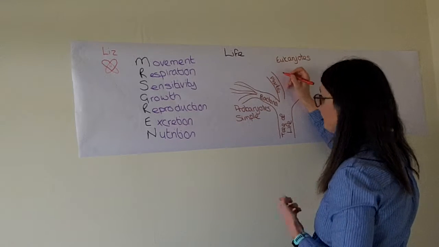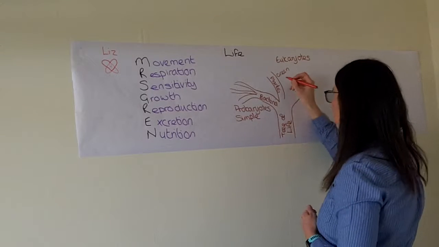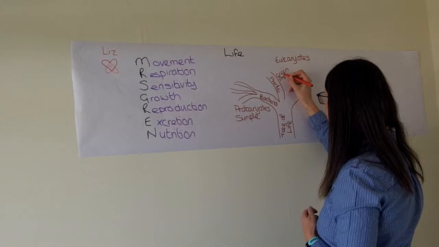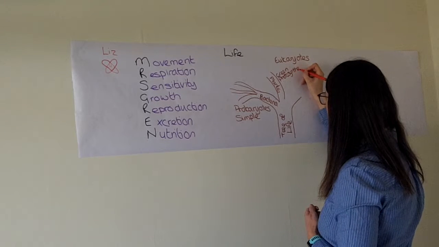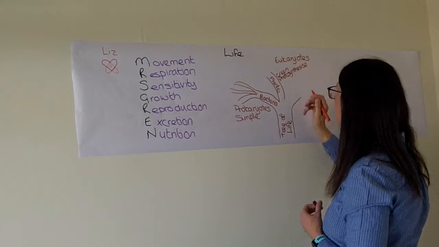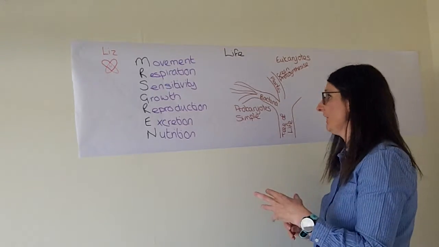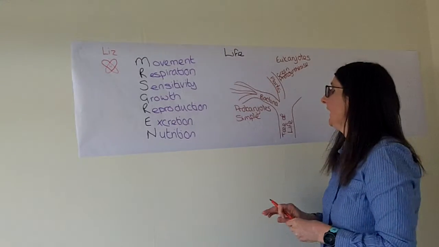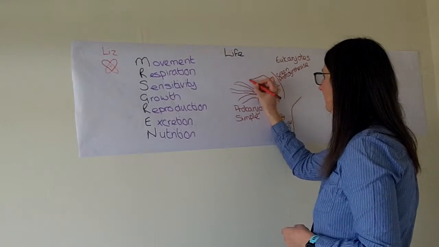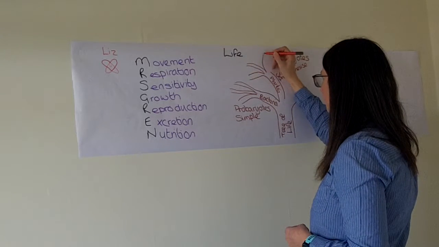Plants, most of them are green, and they photosynthesize, which is necessary for them to grow, but they are definitely alive. And as with bacteria, we've got a number of different branches of the plant kingdom.